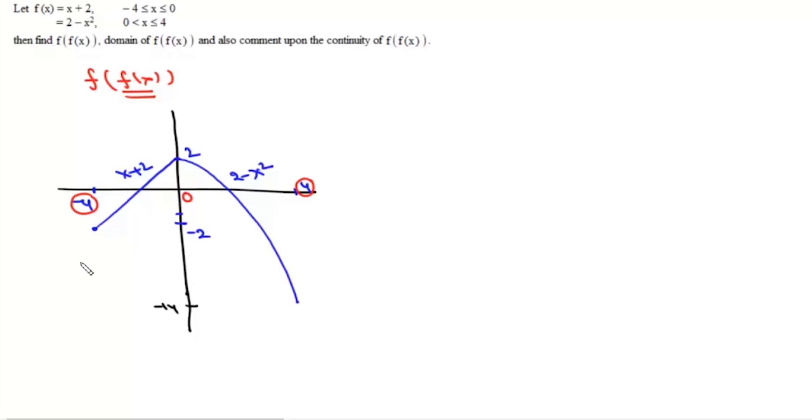So we'll draw a horizontal line at minus 4, a horizontal line at 0 and a horizontal line at plus 4. And we'll mark these points of intersection. So we have this point, we also have this point, and then we have this point.